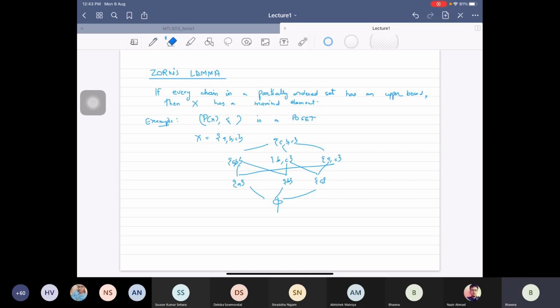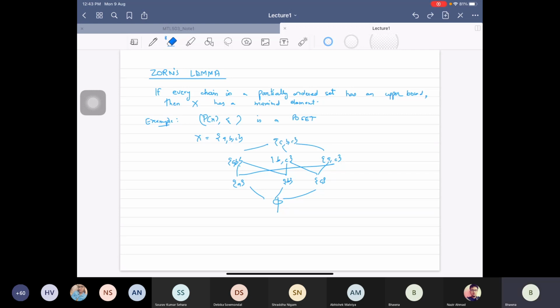So if you see, if I remove this from this particular poset, and just take this as a relation, then this particular poset has 3 maximal elements, right?